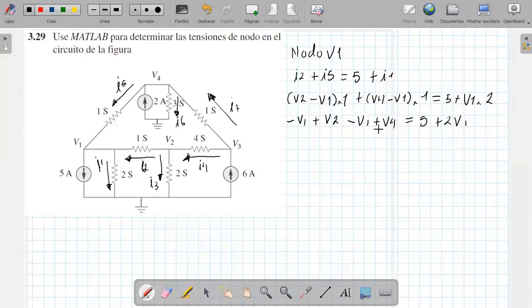Okay, if I move what has a variable to the same side, and as a constant alone, the result will always be minus 4 V1 plus V2 plus V4. That's going to be equal to 5 amps.